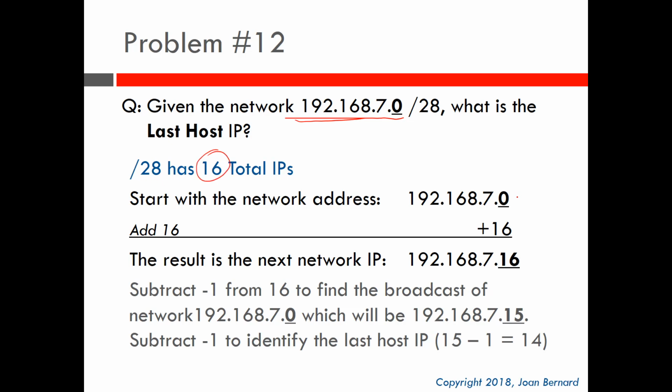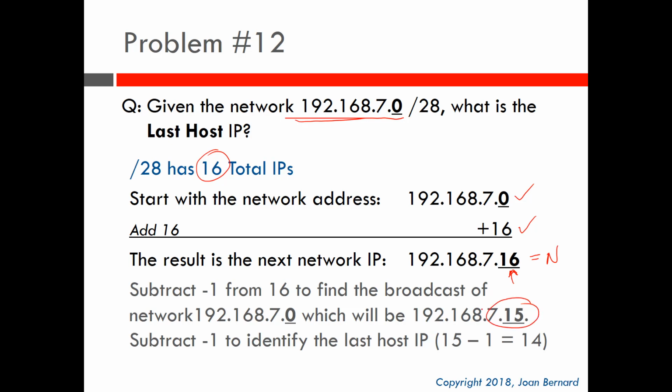So I start with the network address, which is .0. I add 16, and this finds my next network IP. So that's into the next subnet. That's where my next subnet would start. So if I want to find my broadcast, then all I need to do is subtract 1 from this number here. So 16 minus 1 is going to give me .15.